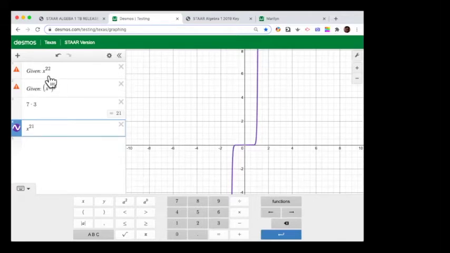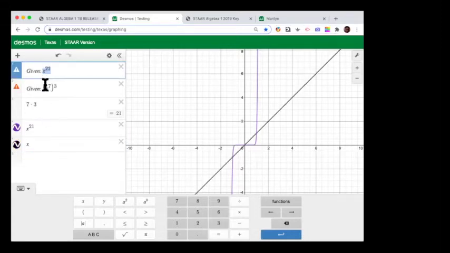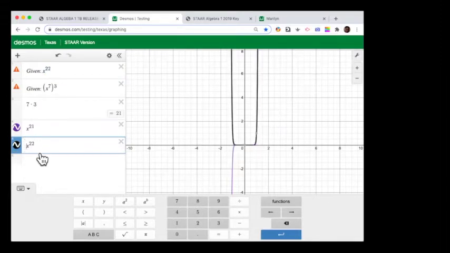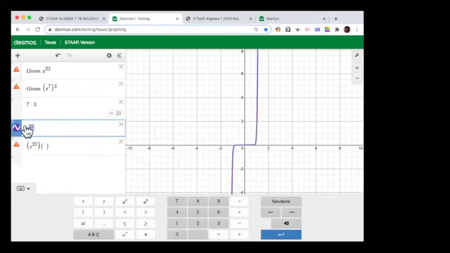Okay, now we have our x to the 22nd. So we take that x to the 22nd, and now we are going to multiply that x to the 22nd by this value here, x to the 21.